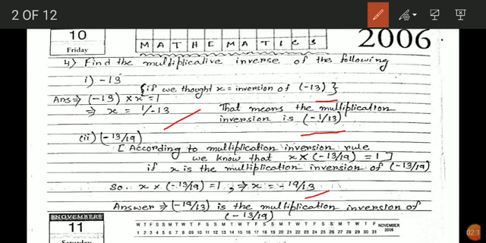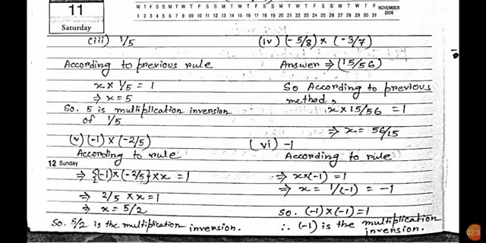For clarification, you can also multiply minus 13 by 19 into minus 19 by 13, and the result will be 1. So minus 19 by 13 is the multiplicative inverse of minus 13 by 19.